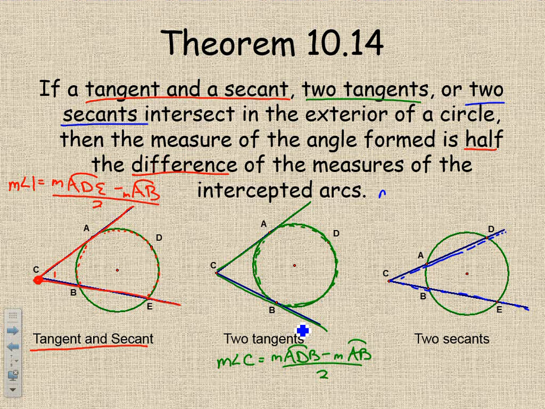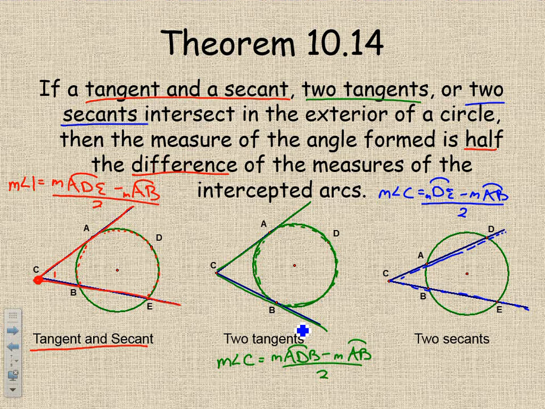If I look for angle C, the measure of angle C is going to be equal to the measure of, oops, that should be an arc, not a line, arc DE minus the measure of arc AB divided by 2. Okay, so again, this theorem is really wordy. There are 3 pictures, but when it comes down to it, you're doing the exact same thing in all 3 of those pictures. You're finding the intercepted arcs, you're taking the bigger minus the smaller, divided by 2. That's it. Call it a day.